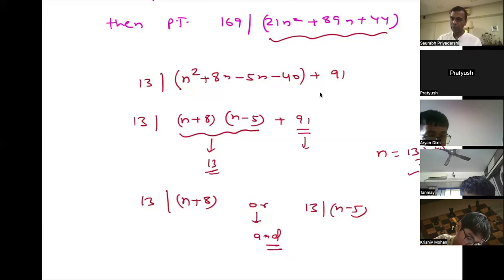Now you only have to prove that if the number n is of the form 13 lambda plus 5, then 21 n square plus 89 n plus 40 is always divisible by 169.